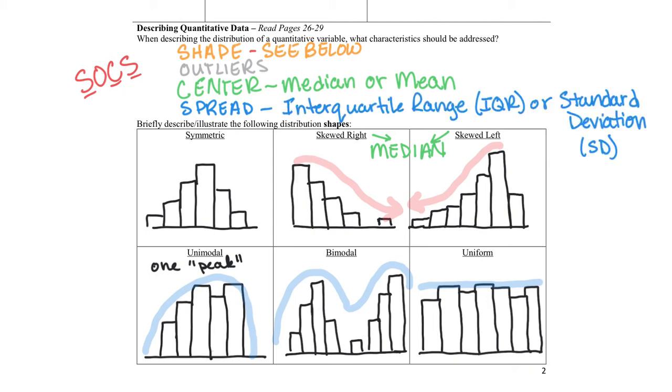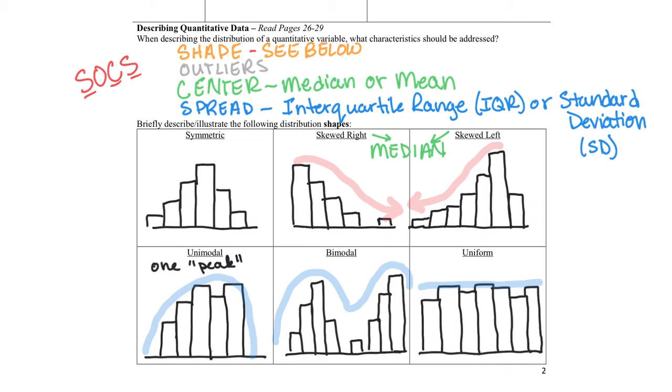We have two measures of spread, either the interquartile range, the IQR, or the standard deviation. We can also just use the range, which is the max minus the min, if we don't know a lot about our data. But when we do know more about our data, we use these two measurements.